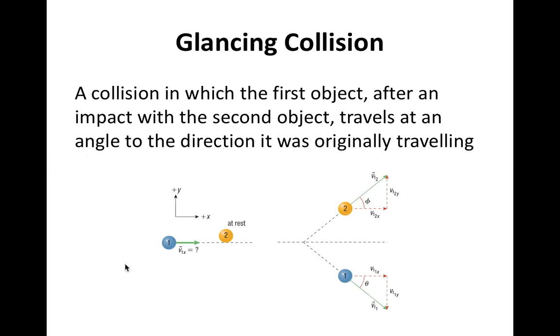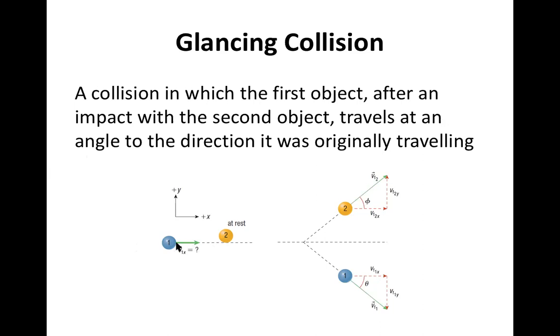So here, if ball 1 hit ball 2 head on, so if ball 2 was placed here, what would happen? That's actually a special case. Ball 1 would transfer its velocity to ball 2. Ball 2 would go off with the same velocity along one dimension as ball 1 had.